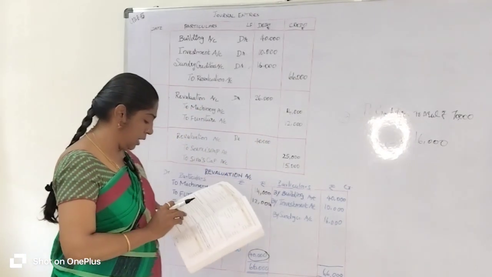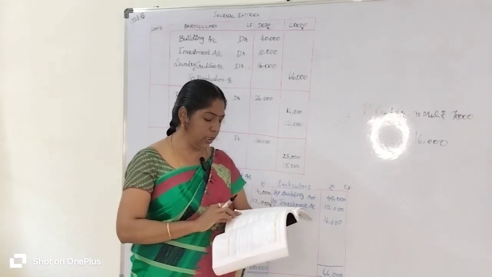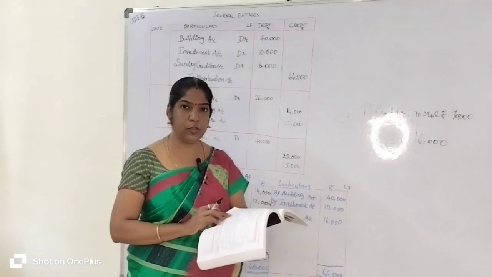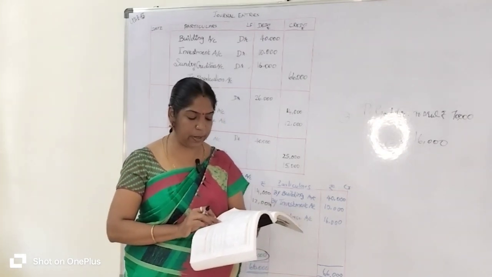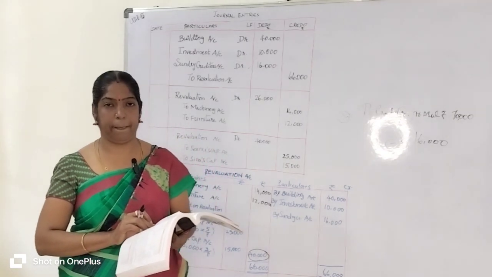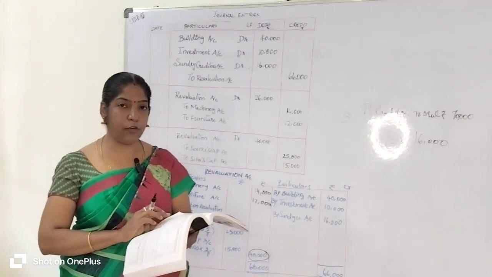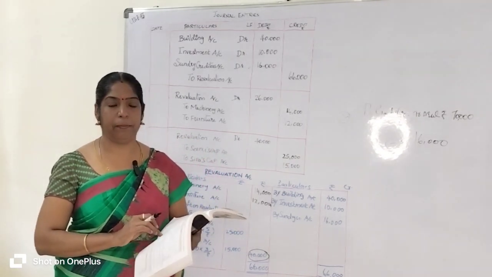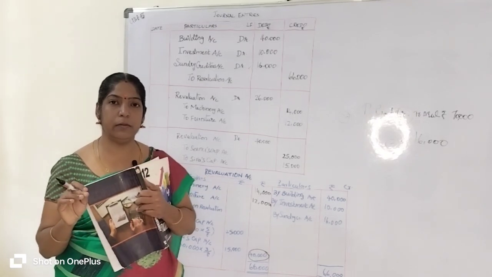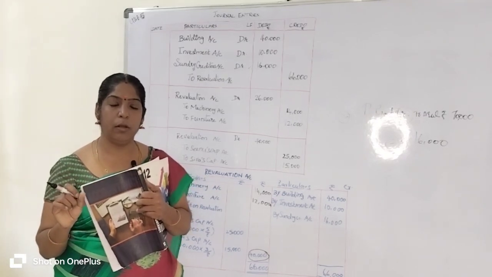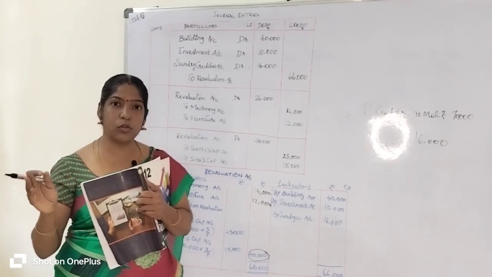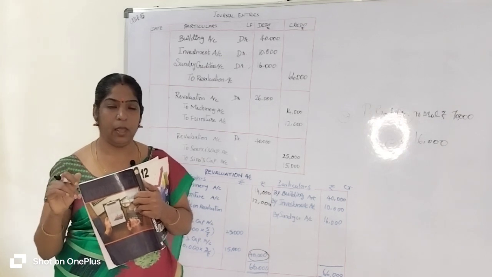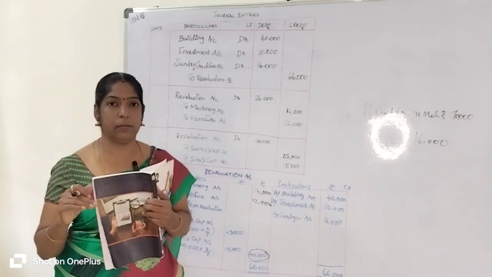Okay. Next question. To decrease the value of machinery by 14,000 rupees and the furniture by 12,000 rupees. Okay. Decrease the value of machinery and furniture. Machinery and furniture belong to which account? Machinery and furniture go to asset account. So asset account decreased.